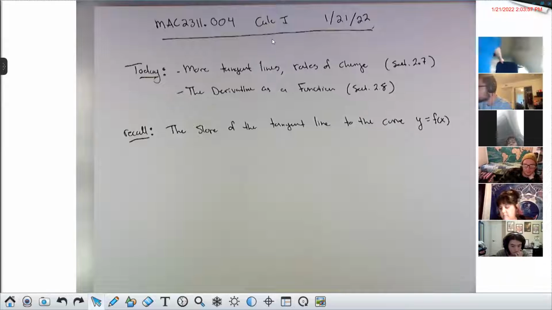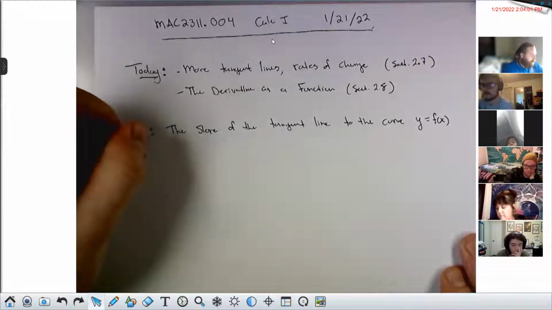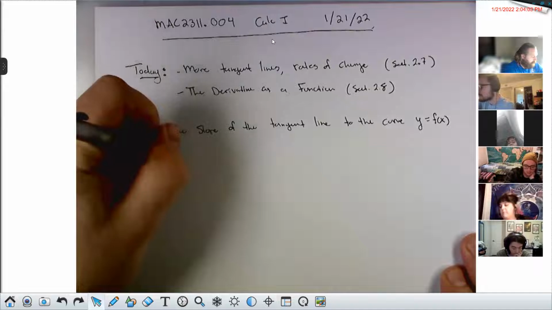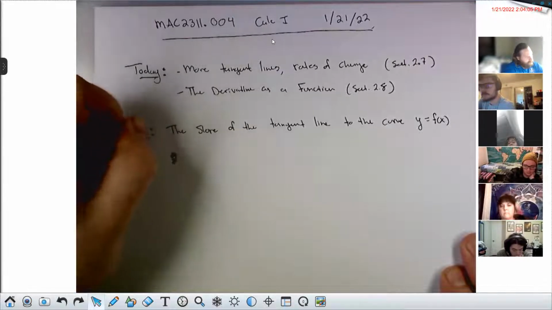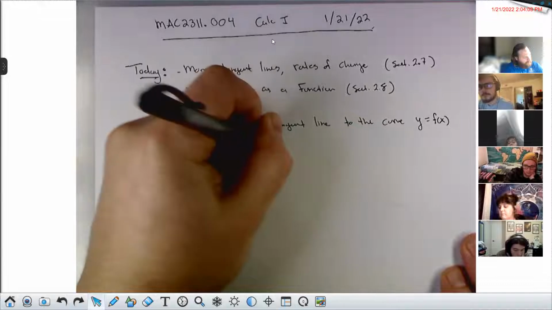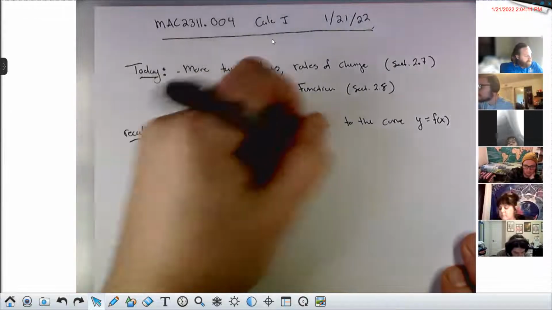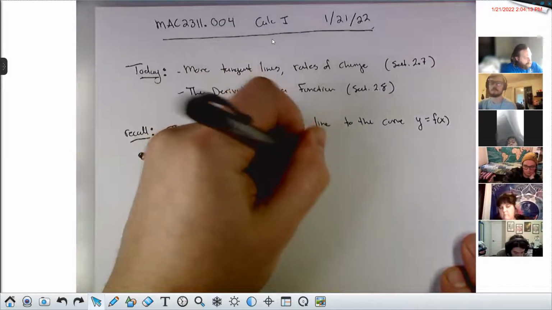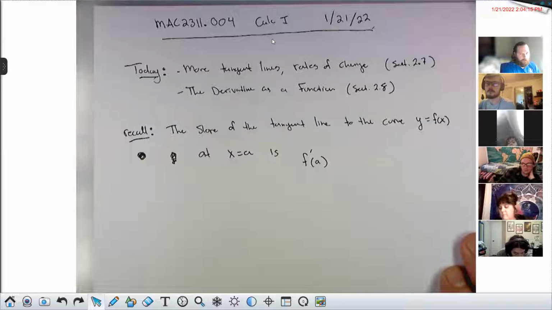The slope of the tangent line to the curve y equals f of x at x equals a is the following expression. f prime of a, this is the notation we use.